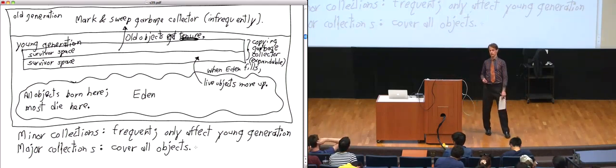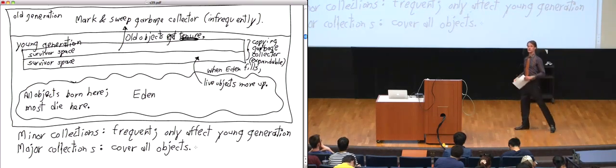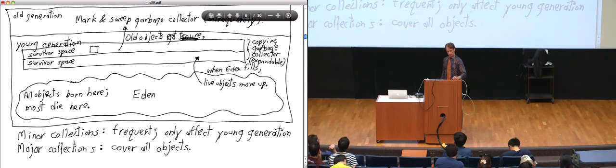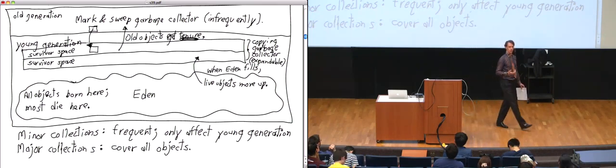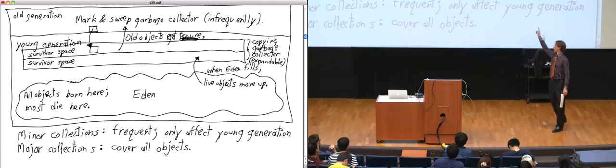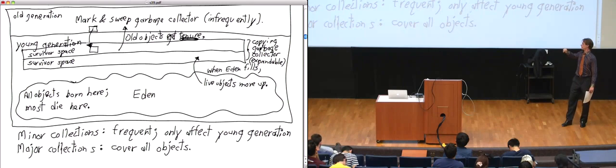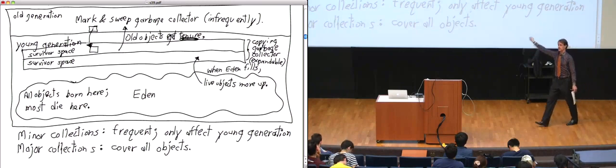But this introduces another problem, which is, suppose that there is an object in the young generation that is live only because some object in the old generation references it. The question is, when we do a minor collection, we're not doing depth-first search on the old generation. So how do we know that that young object is live and that we should not collect it?